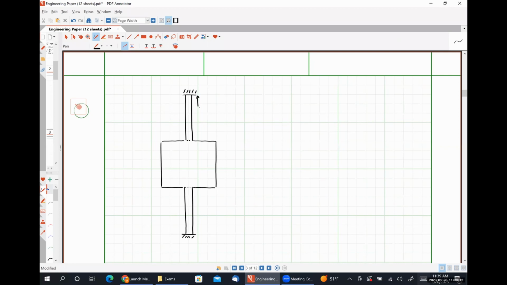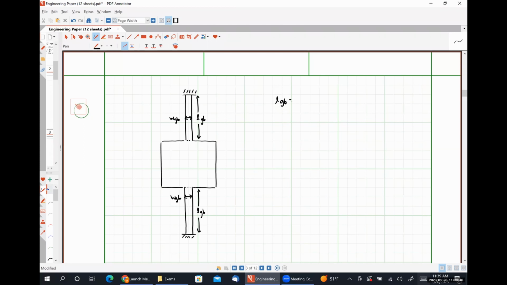We're going to call this distance LGB because we have a guided beam spring. Both of the guided beam springs have the same length. This distance will be WGB. Both guided beam springs have the same width.